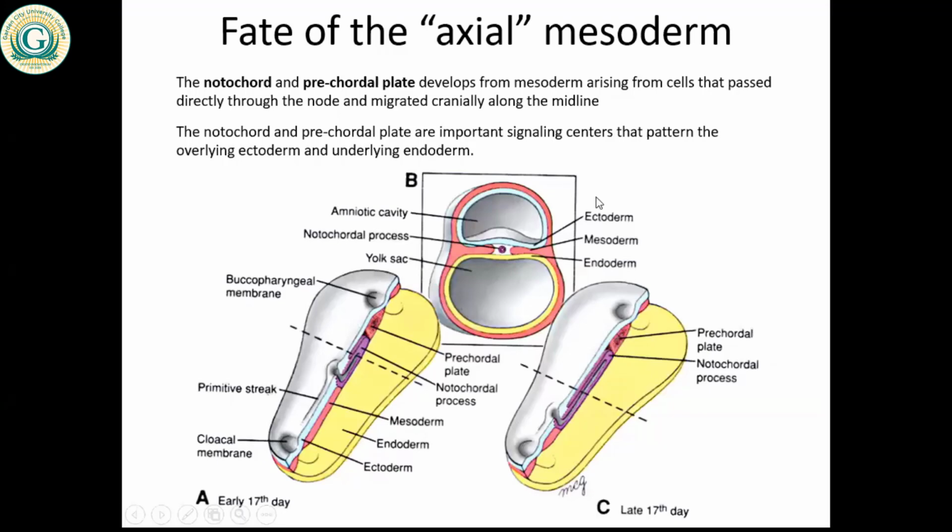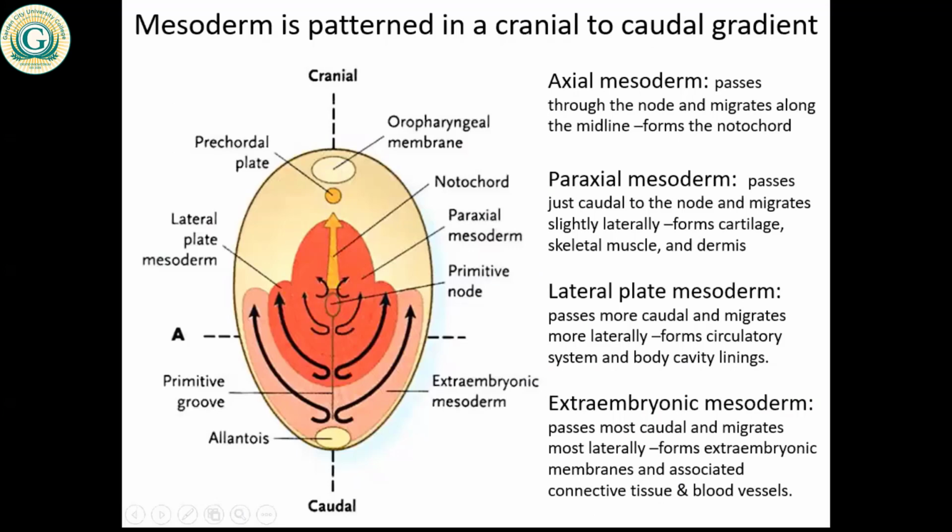Now, can you read what paraxial forms? It forms skeleton, cartilage, skeletal muscles and dermis.